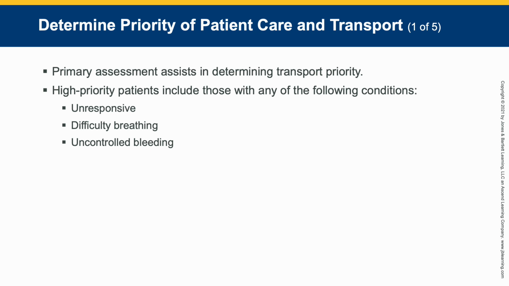Those are patients who are unresponsive, having difficulty breathing, experiencing uncontrolled bleeding, showing signs of poor perfusion, suffering from altered mental status, chest pain, complicated childbirth, or severe pain. In these situations, your goal is to get the patient to definitive care as soon as possible, often while continuing interventions en route, okay?